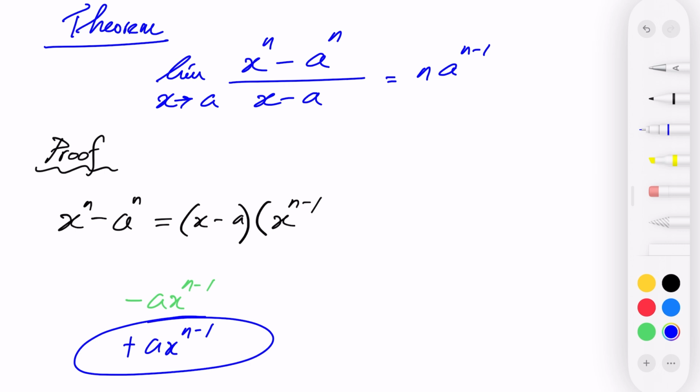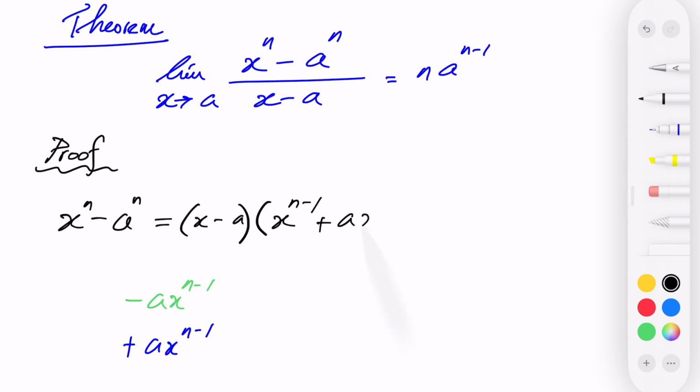I can pay attention to this x once again. That x has to be multiplied by a times x raised to the n minus 2 in order to create the term right here. Let me write it down: I will need a plus a times x^(n-2).